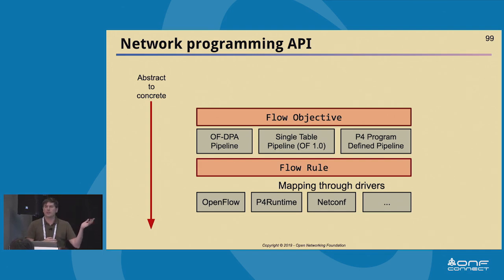If you're not familiar with it, OFDPA is an OpenFlow switch agent provided by Broadcom for Broadcom silicon that abstracts a very specific pipeline in terms of which tables are available, which actions can be performed, and how these tables are arranged in the pipeline. We can map flow objective to a single table pipeline. This was the abstraction of the first version of OpenFlow, but we can also map flow objective into a P4 program-defined pipeline.